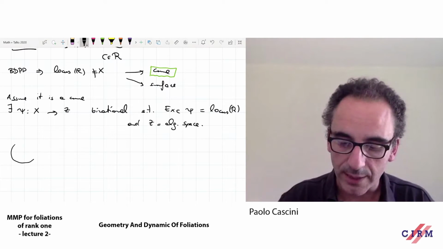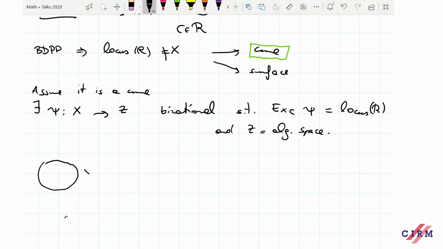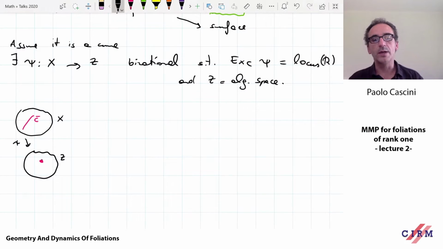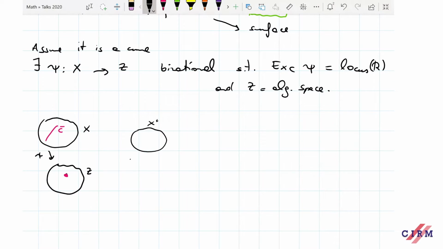Okay, so let me draw a picture exactly like in the case of the classic MMP. So this is X, we have our curve C bar, which is contracted to a point. So this is outside. What we want to do is flip this curve. We know that Z is too singular to work with, so we want to replace X by some other variety, which also maps into Z, and which admits a curve on which K_F is positive.